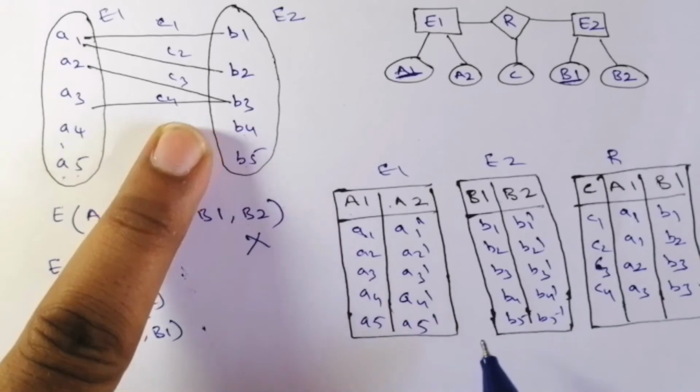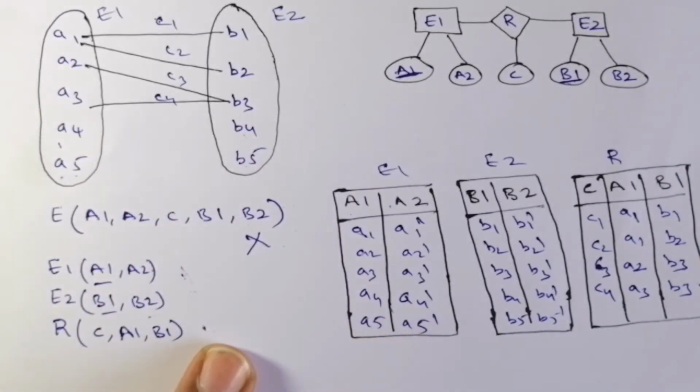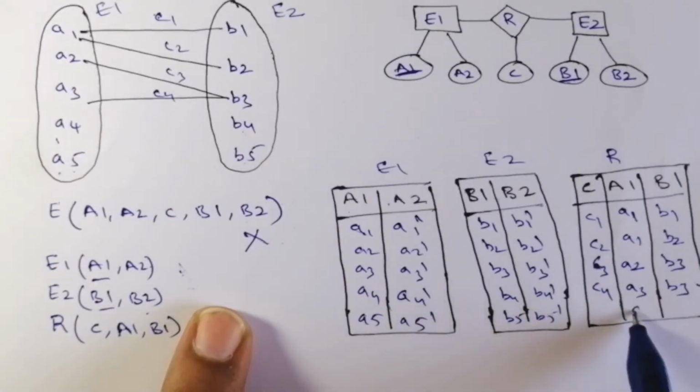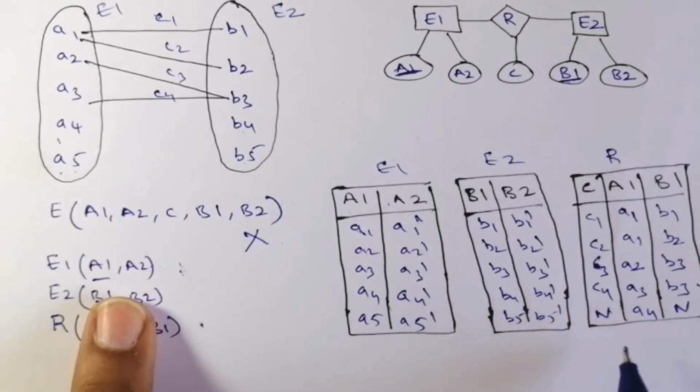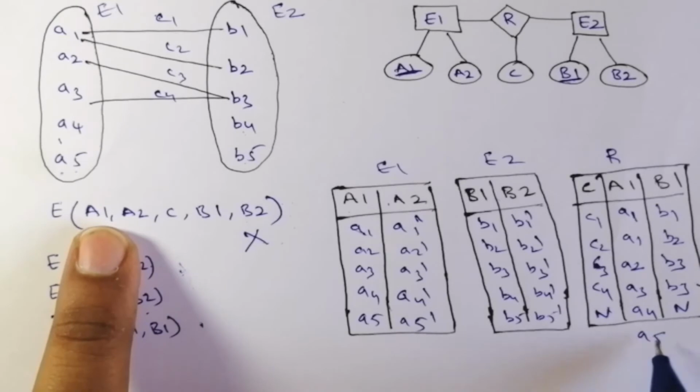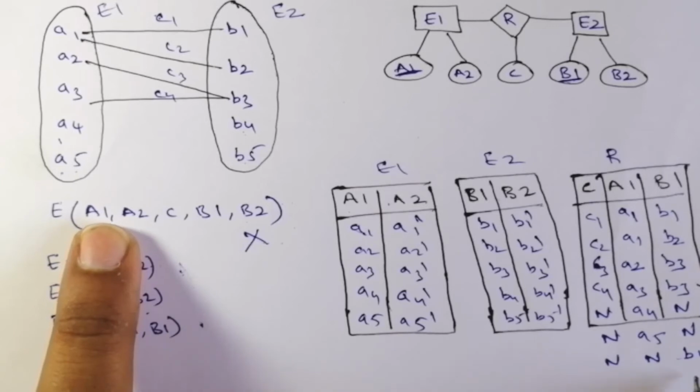If we take the next of them, a4 is not associated with anything, null and null, and a5 null and null, and again here b4 null and null, and b5 null and null.